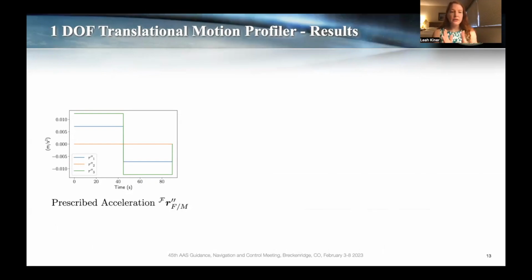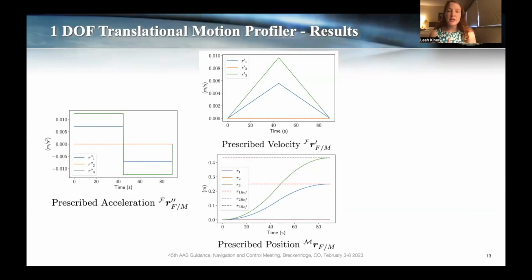So we do have a zero acceleration for our second, our double prime here. But then our prescribed velocity is linear in our first and third components, which is exactly what we're expecting here, and 0 in our second component.